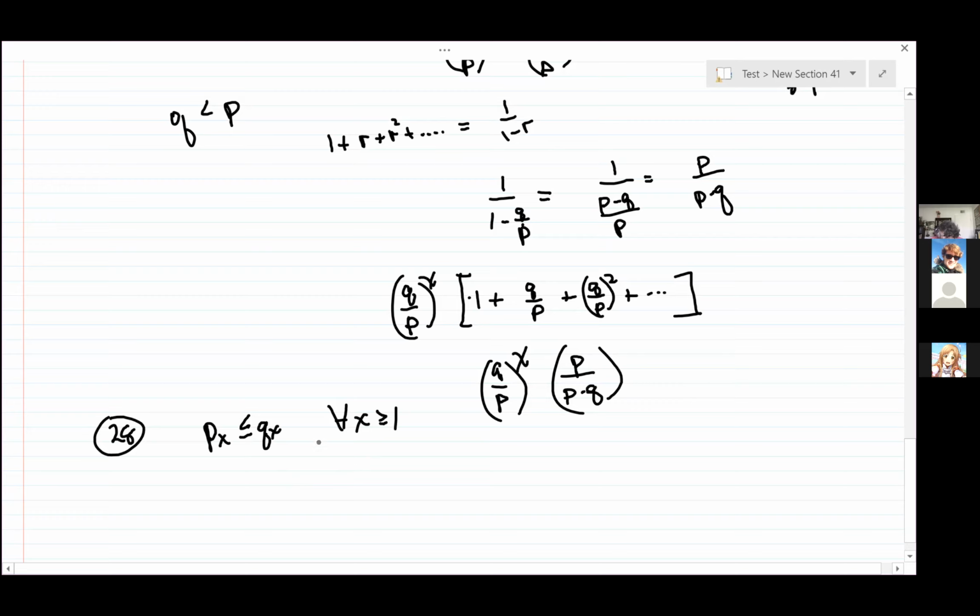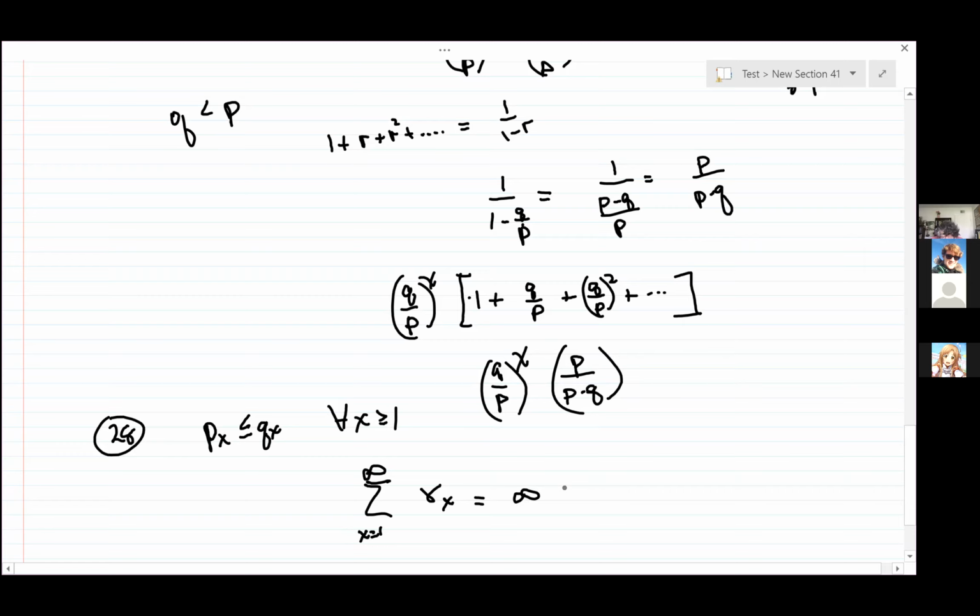We know a birth-death chain is recurrent if the summation of what was 68? 68 said the sum of the gamma x's from 1 to infinity has to be infinite.